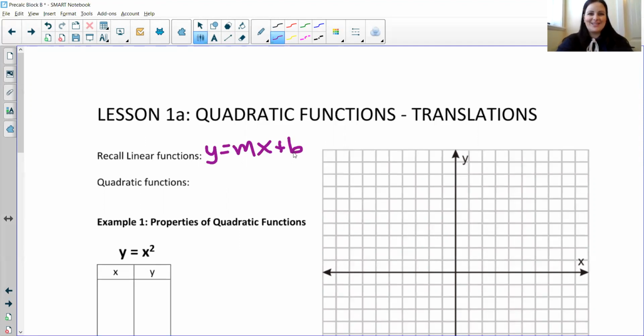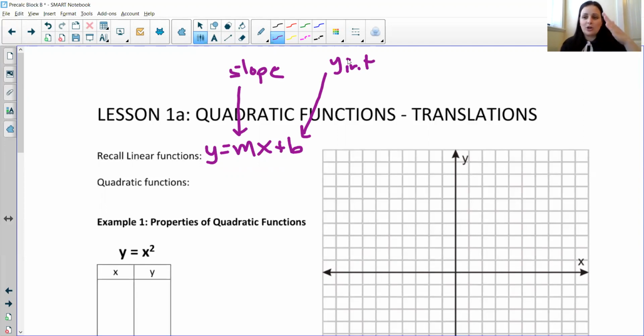Does that ring a bell? I hope it does. Where m is the slope and b is the y-intercept. And your linear functions had a constant slope, so you could calculate by finding any 2 points and find the rate of change between those 2 points to find that slope.